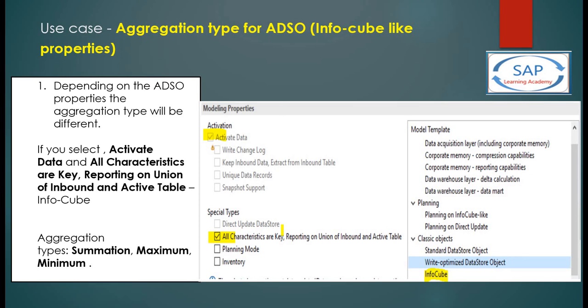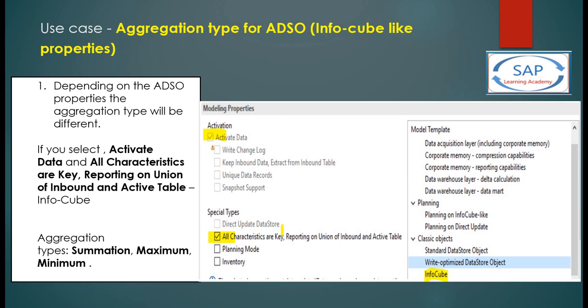That's why in the business layer we always create the ADSO with changelog, because we have the possibility to override the data. And regarding the record mode, it is very important for all developers to know what record mode is.